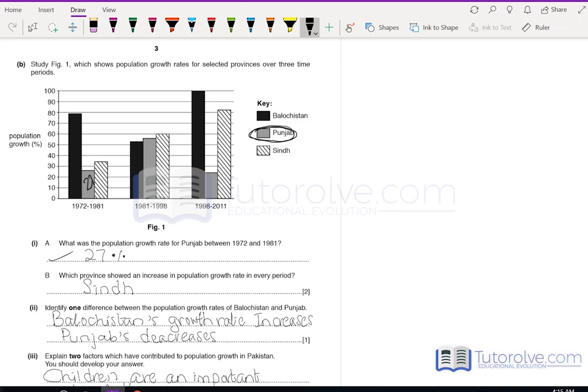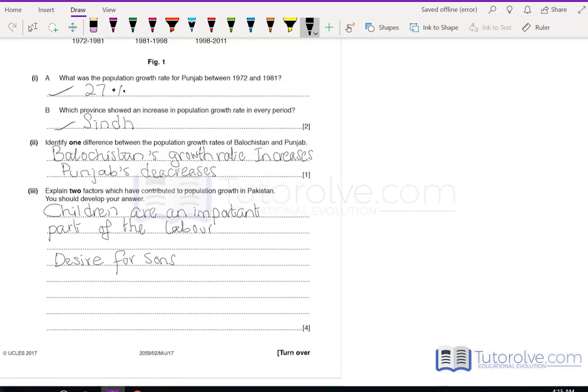Which province showed an increase in population growth rate in every period? Sindh has shown a remarkable increase in every period, so Sindh would be the right answer. Identify one difference between the population growth rates of Balochistan and Punjab.